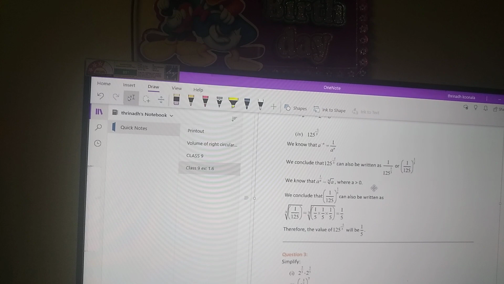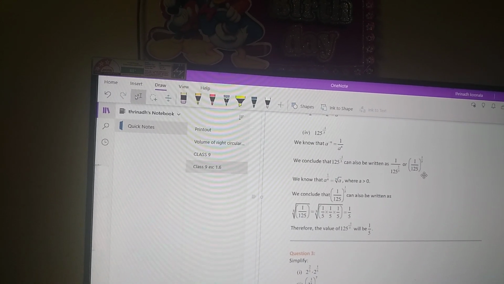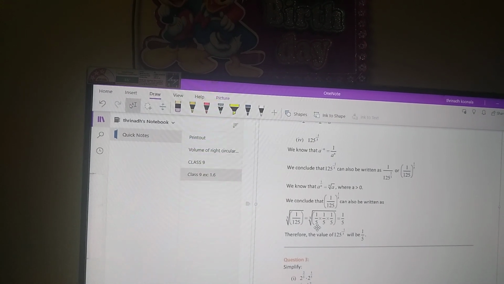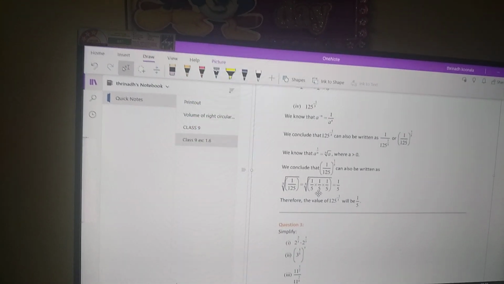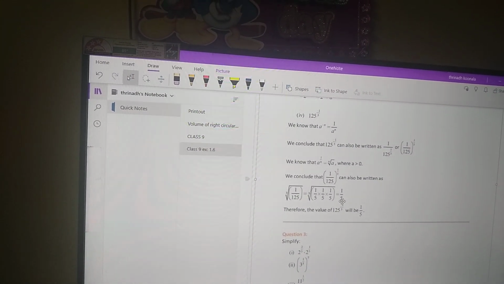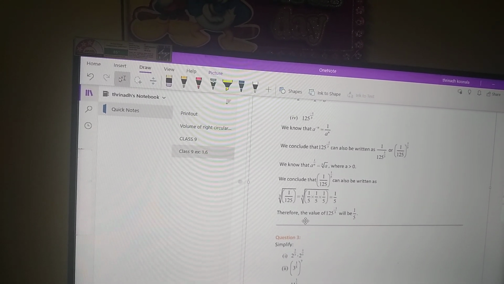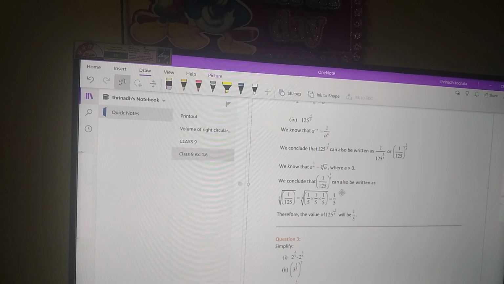Cube root of 1 by 125 we can express as 1 by 5 into 1 by 5 into 1 by 5, or 1 by 5 whole cube. So cube root and cube get cancelled, we get 1 by 5.